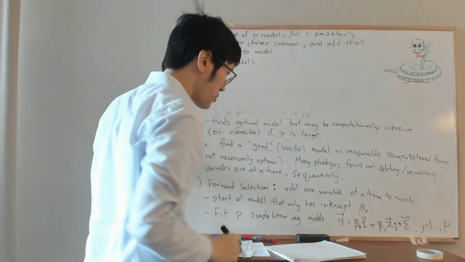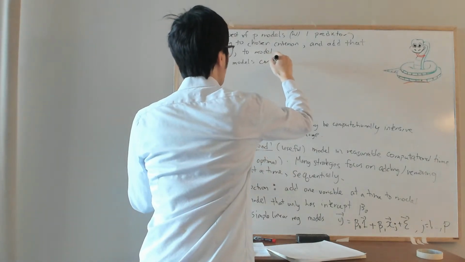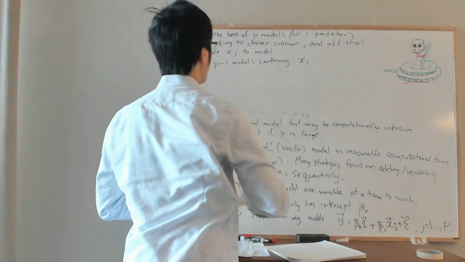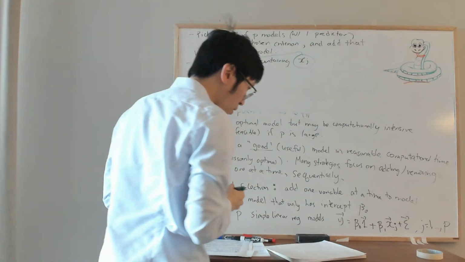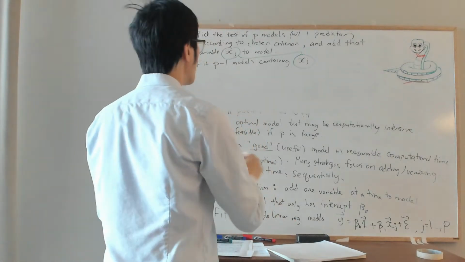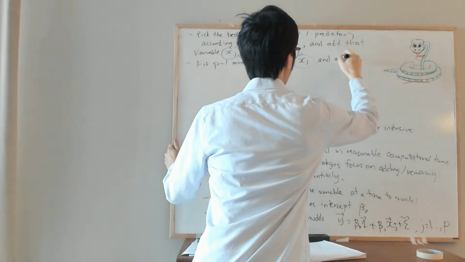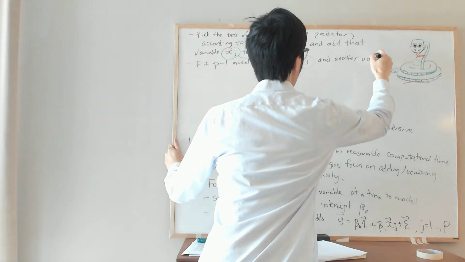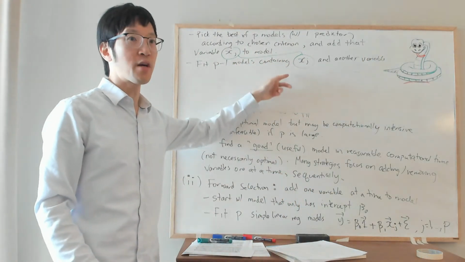What's going to be in them? Well, each contains xj, the same xj we identified in the first step, and one other predictor. These are all the regression models that have two variables, xj and something else.